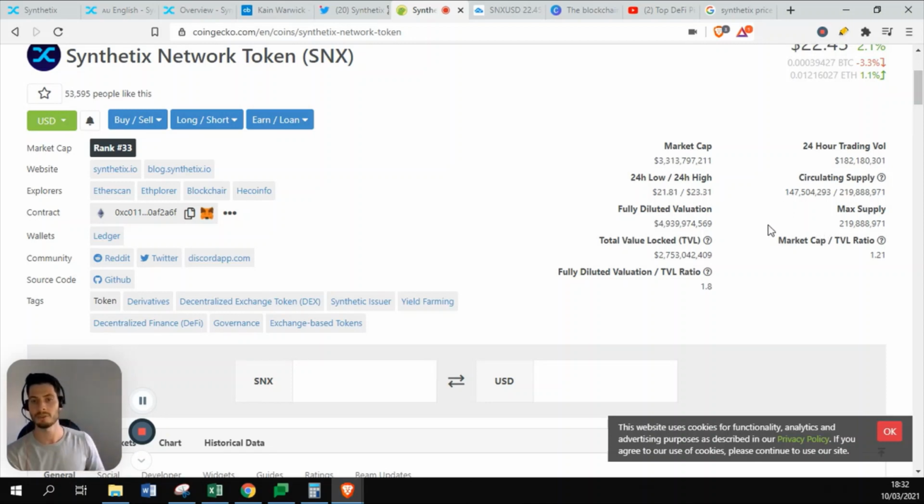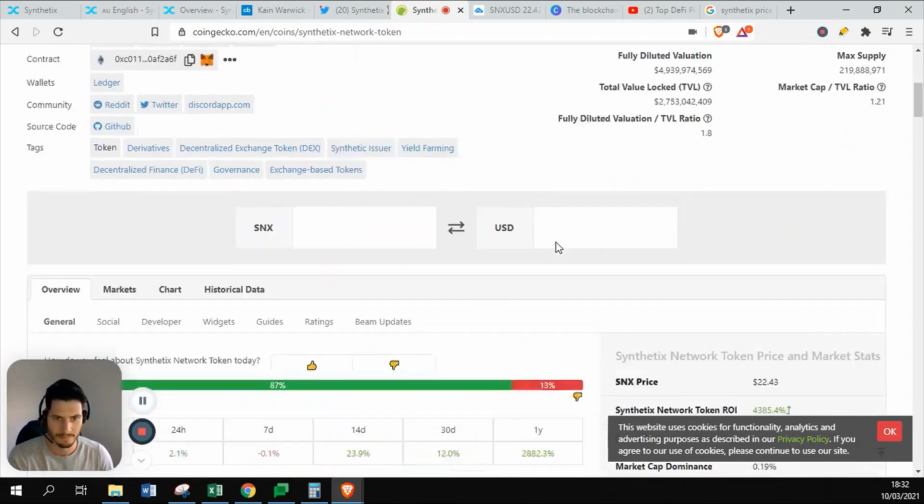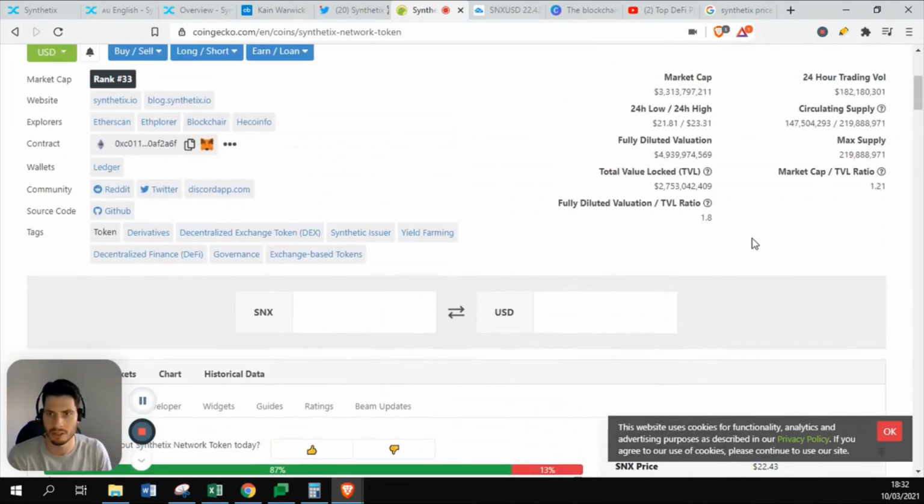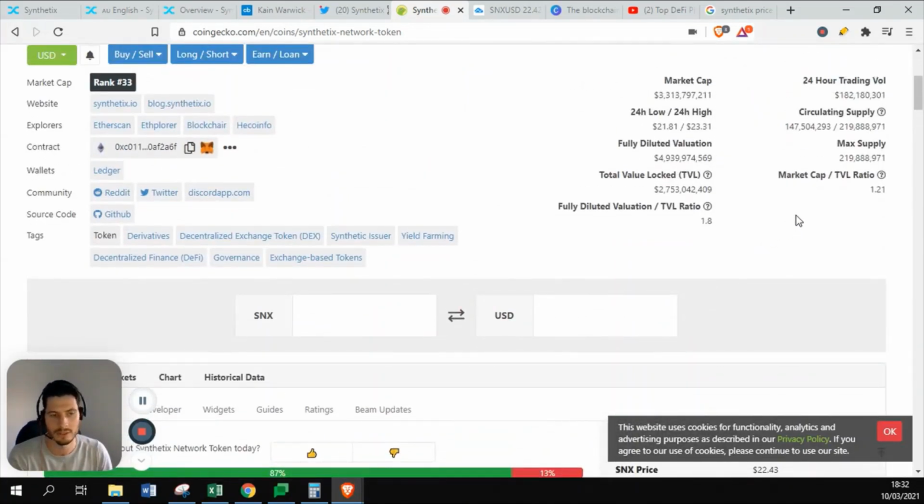Currently we have 150 million in circulating supply. So this also indicates for me that this can follow Balancer and the other DEXs. So $400 to $500 should be definitely feasible.